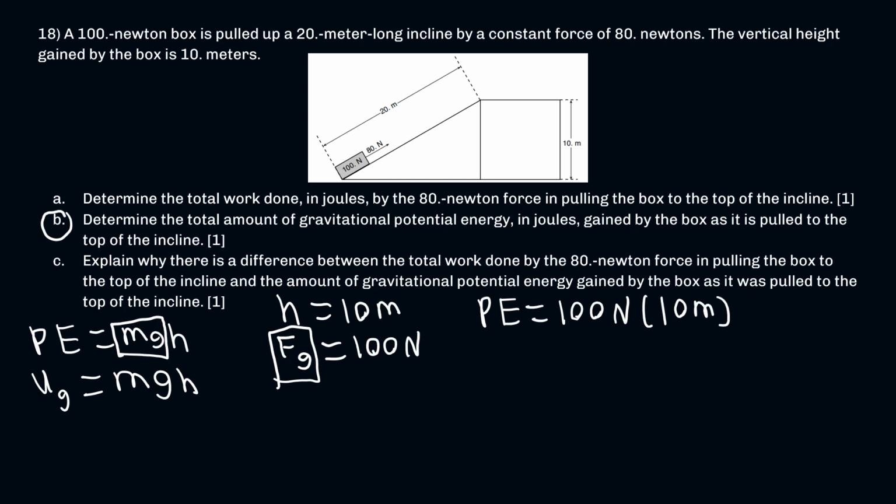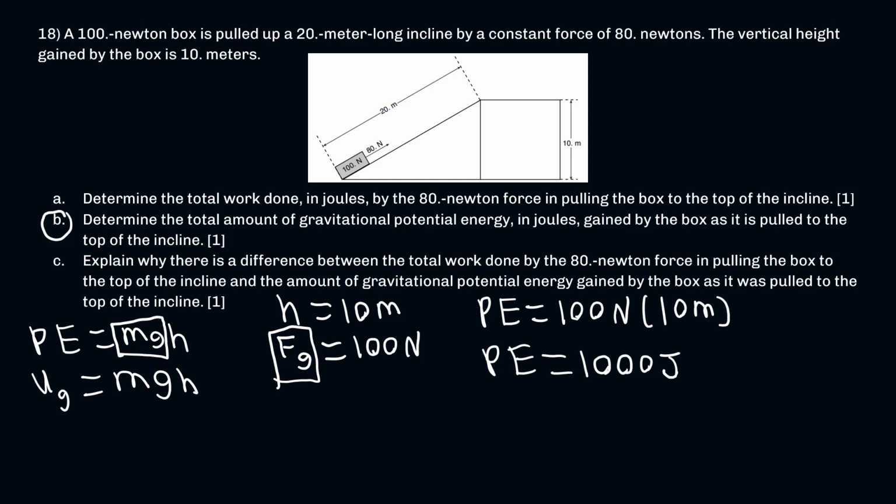So just plug this into your calculator and you end up with the gravitational potential energy gained. Just do 100 times 10 and you're going to end up with 1,000. And again, the unit for this one is going to be joules. So 1,000 J is going to be my answer.